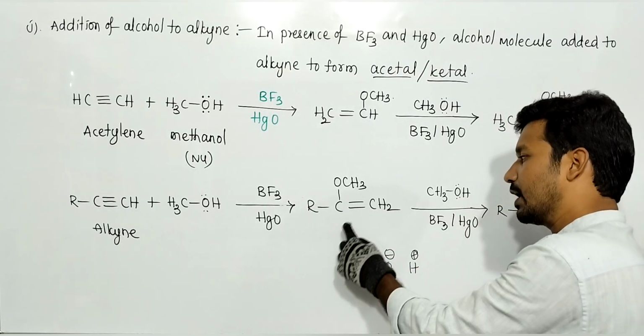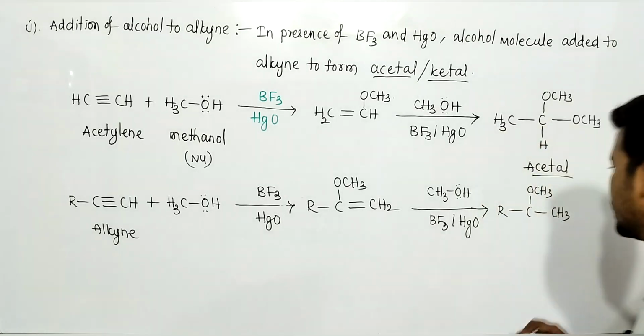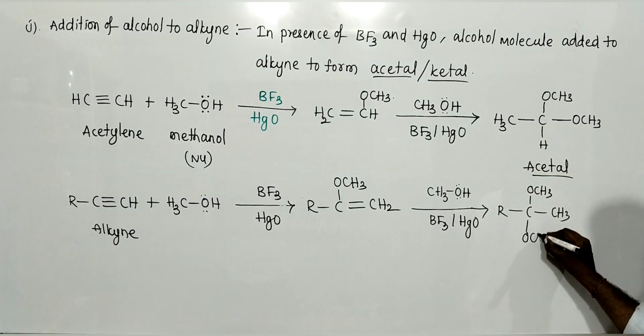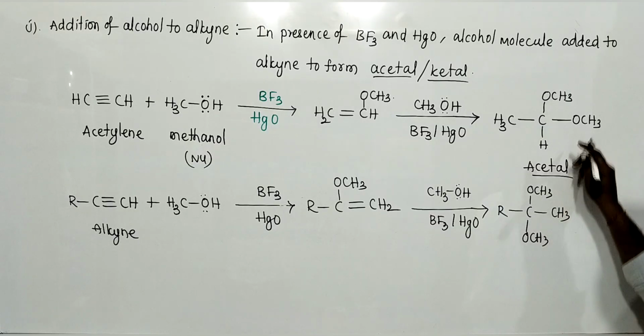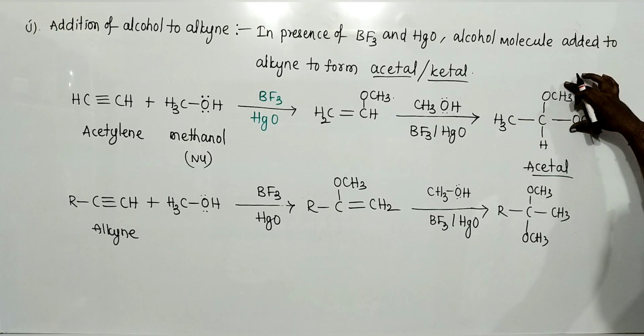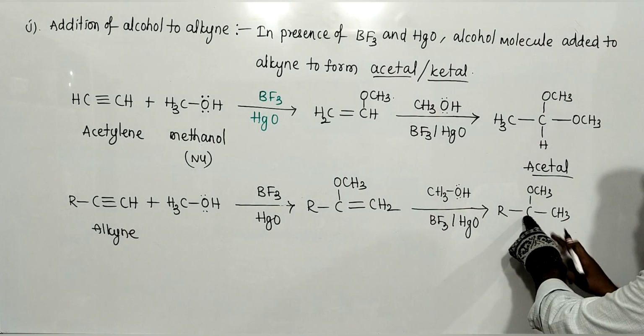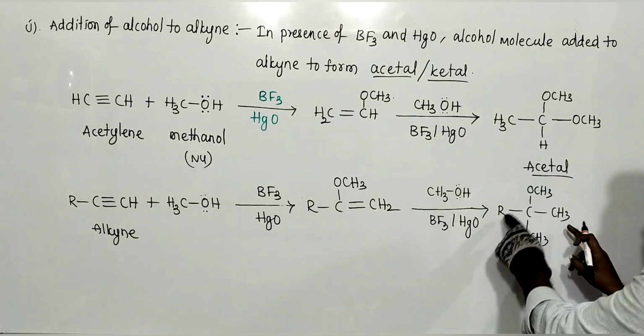So OCH3 added to this carbon, H added to this carbon. Okay, right. Two alkoxy groups, two methoxy groups, or maybe any alkoxy groups are present on the same carbon. But this carbon is not primary, this carbon is secondary.